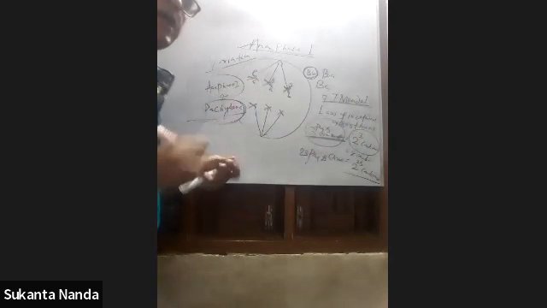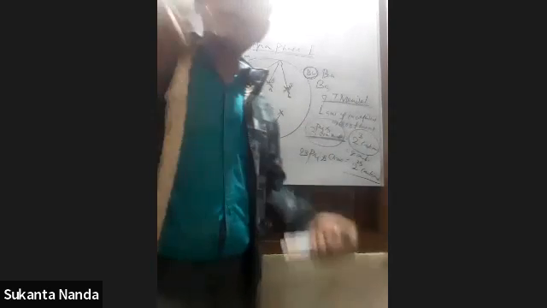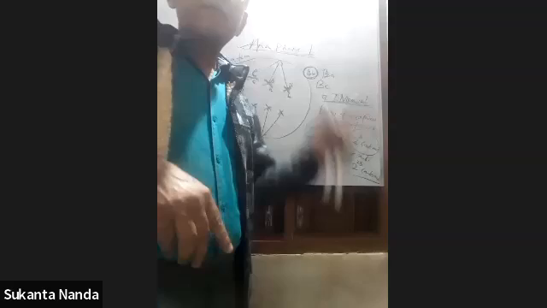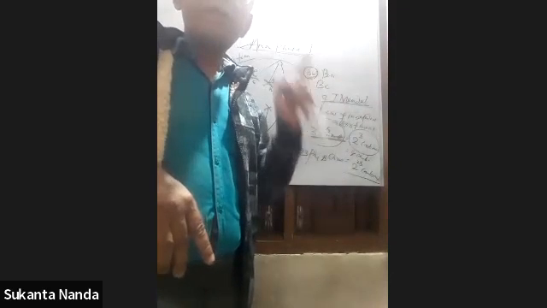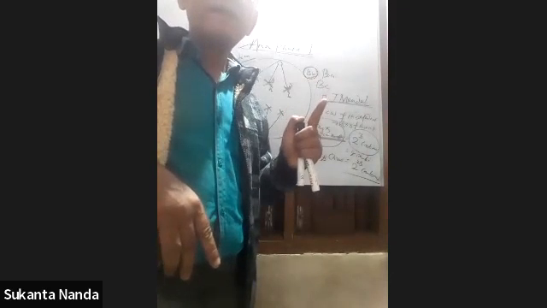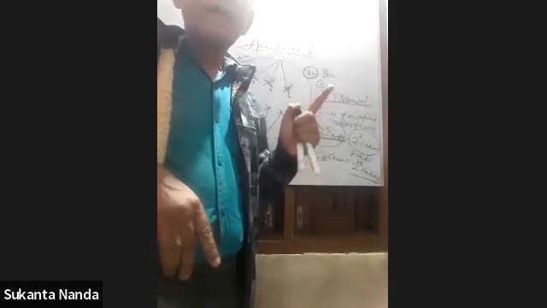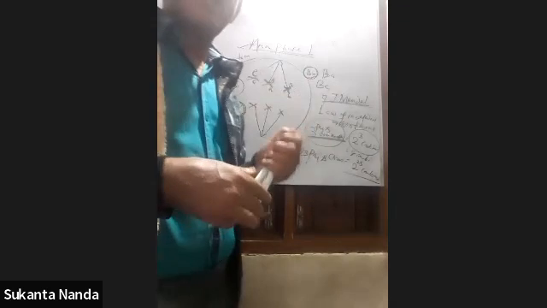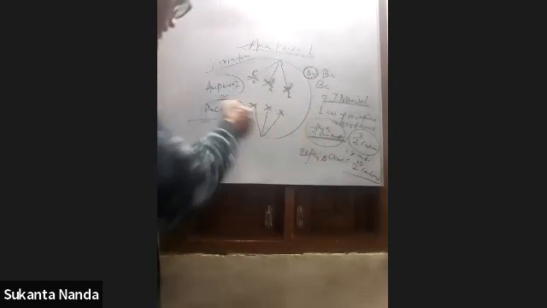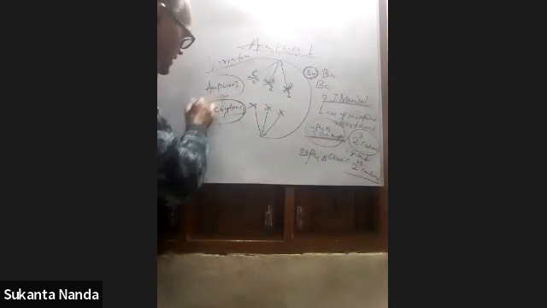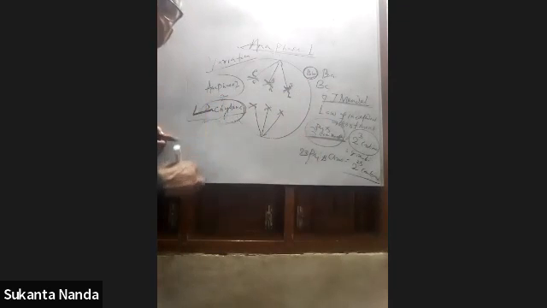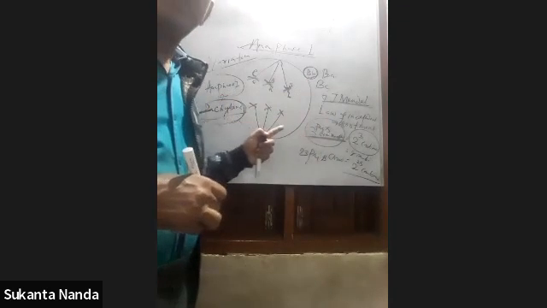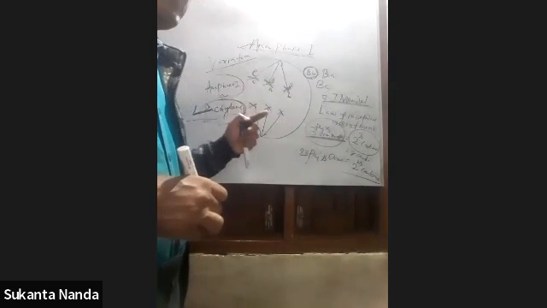You have to remember: variation is generally found at which subphase of prophase 1? That is pachytene, a subphase of prophase 1 in meiosis 1.